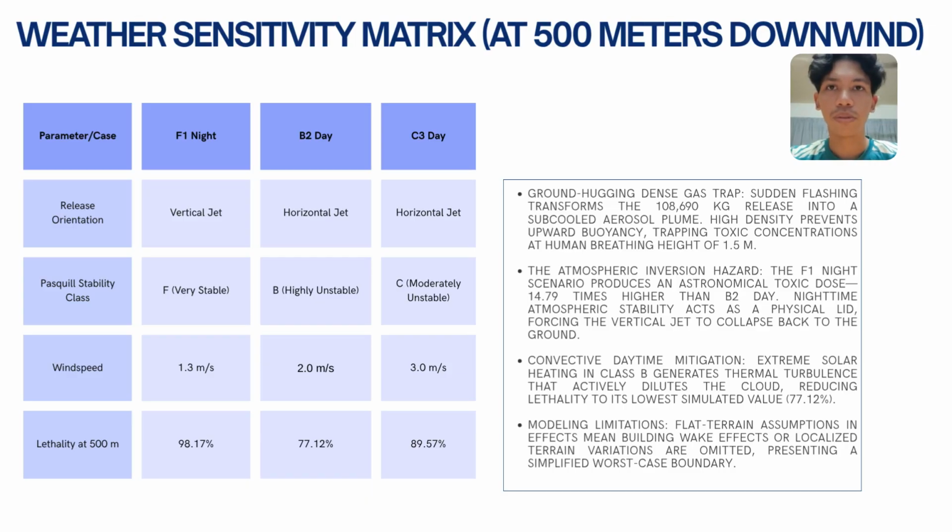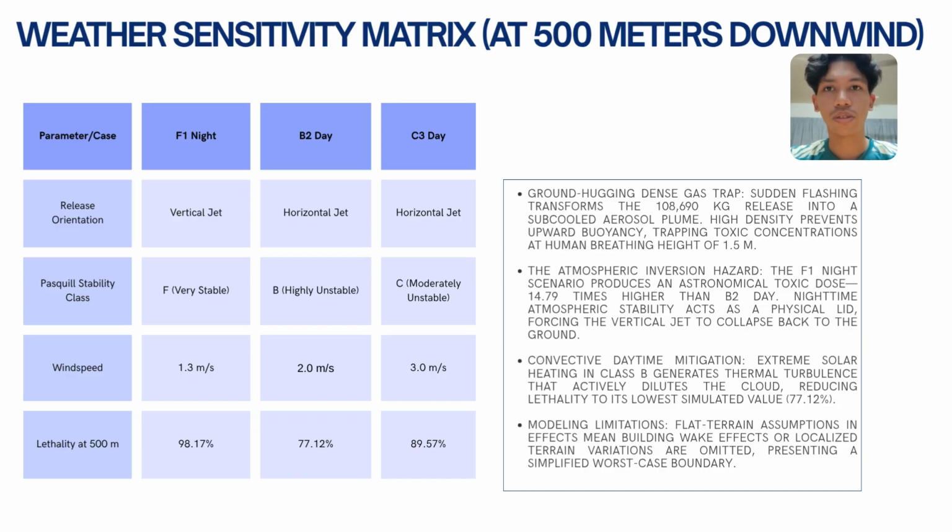In contrast, the B2 day scenario is highly unstable with stronger atmospheric mixing due to solar heating. This will disperse the gas more effectively, giving the lowest lethality of 77.12%. And the last one is the C3 day scenario, which has moderately unstable conditions and produces an intermediate lethality of 89.57%.